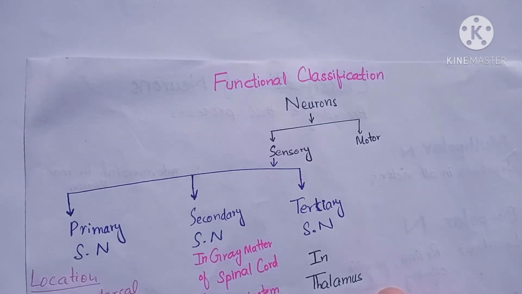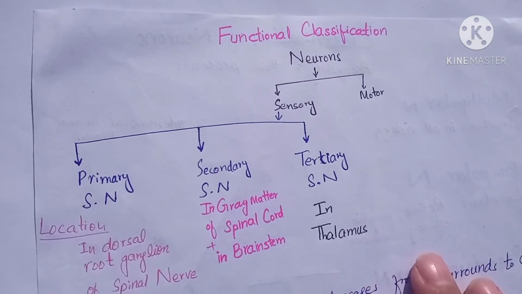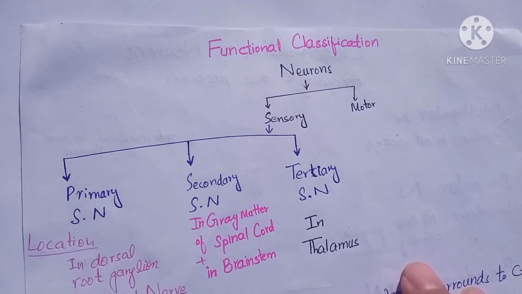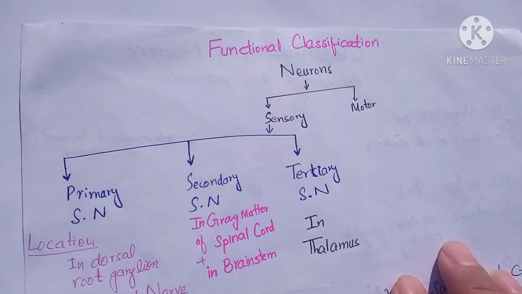As for location, the primary is present in the dorsal root ganglion of the spinal nerve, the secondary is in the gray matter of the spinal cord and in the brain stem, and the last one is present in the thalamus.